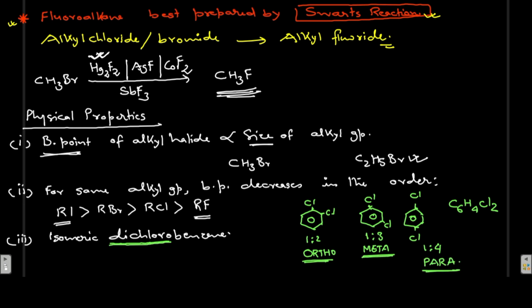Sir, how did the benzene symbol come? Is there any other symbol like that? One carbon, one carbon, one carbon, one carbon. This is 1, 2, 3, 4, 5, 6. Alternatively, double bonds are there, or with each carbon, one hydrogen is attached.